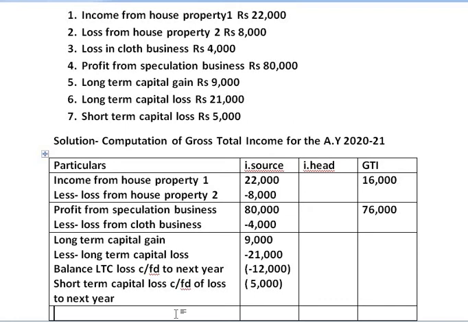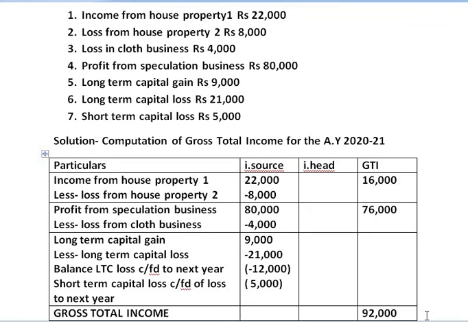Now we have to total the gross total income. Gross total income: 16,000 plus 76,000, we get a total of rupees 92,000, which is known as the gross total income for the assessment year 2021.